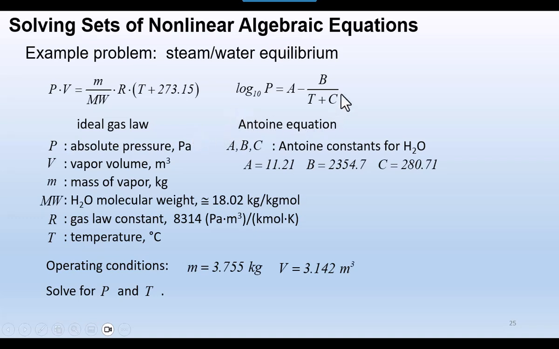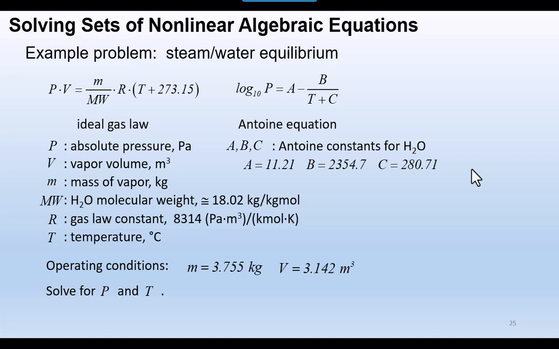And then for the equilibrium, we're using the Antoine equation for the vapor pressure, which has three constant parameters and the temperature in degrees Celsius. Adopting a particular set of units here of pascals for pressure, cubic meters, kilograms, molecular weight for water, the appropriate units and value for the gas law constant up here, temperature in degrees Celsius, and the Antoine parameters for that set of units.